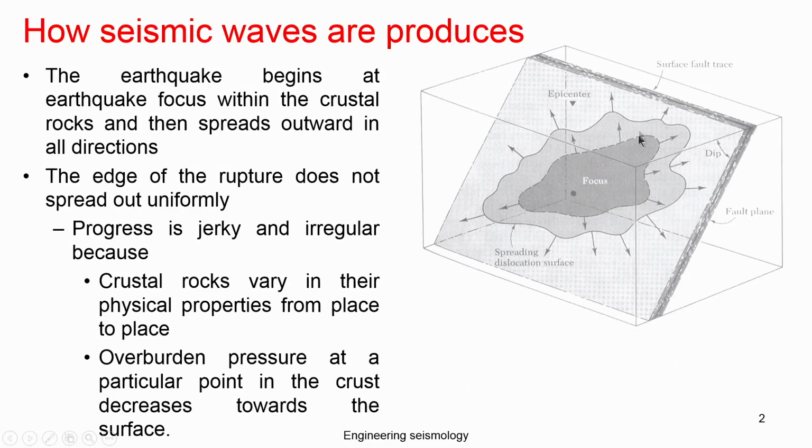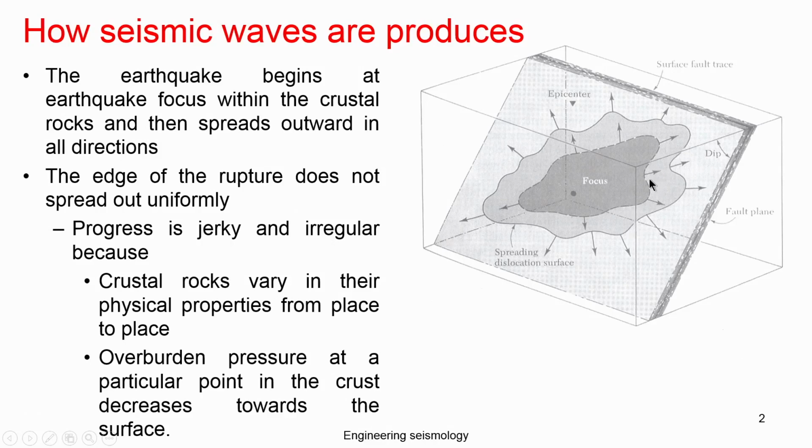But as this is occurring in rock, there may be different types of rock in different places. So the propagation of these waves depends upon the material in the region. If the material is weak, the rupture will propagate very fast. If the material is strong, it may not propagate, it will stop.